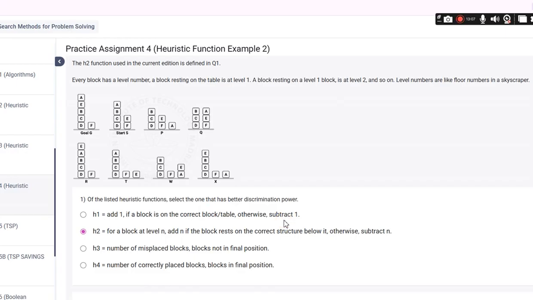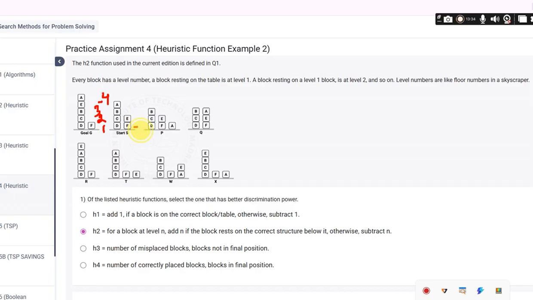Next, the H2 value: for a block at a level, add the level if the block rests on the correct structure, otherwise subtract. For example, this is in correct position, so we add 1. This is in correct position, so add 2. This is in correct position, add 3. This is not in correct position, so we subtract 4.